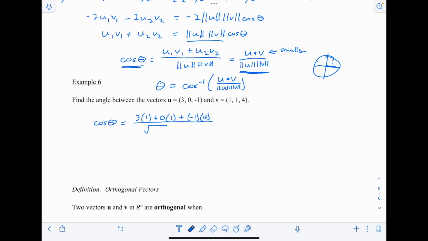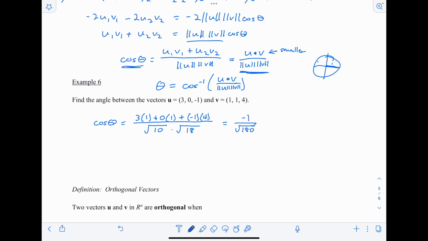So 3 squared is 9, plus 0 plus 1 is the square root of 10. And then we multiply that by the square root of 1 plus 1 plus 16, which is the square root of 18. So in the numerator, 3 plus 0 minus 4 is negative 1. In the denominator, square root of 180.